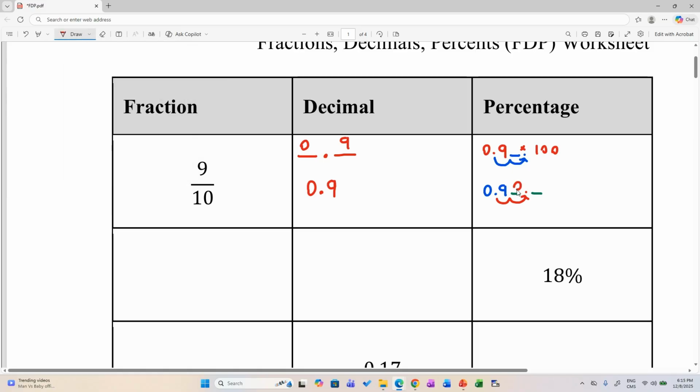So I'm going to add a 0 here and here. And the place value holder is now here. This decimal disappears. Hence, my answer should be 90.0, or you can just say 90. Now, the next step, once you multiply 0.9 by 100, you simply write a percent sign next to the answer. So 0.9 as a decimal is just 90%.